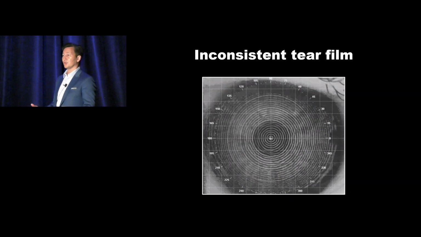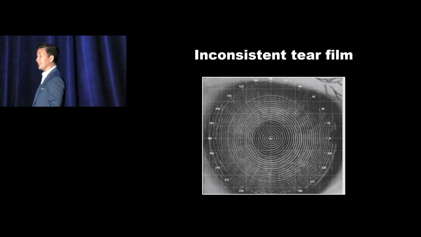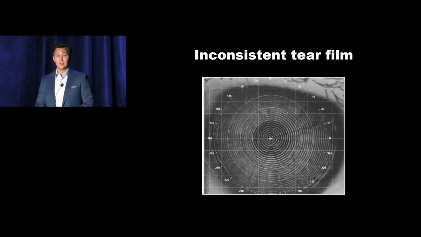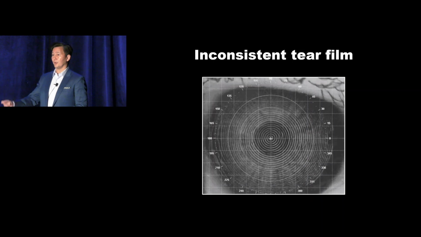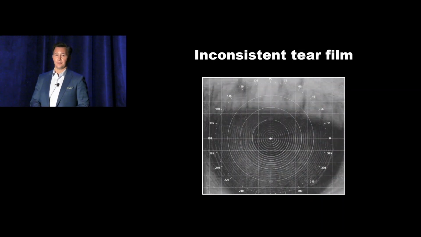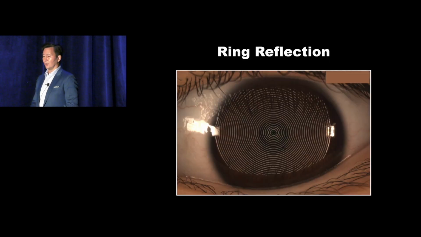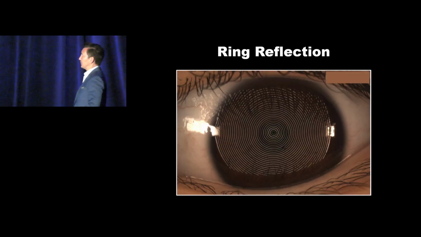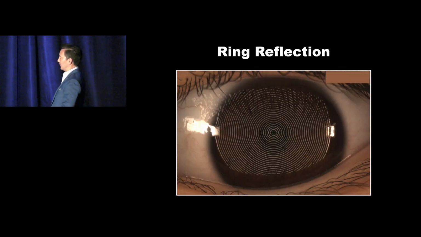And of course, with kids, we're going to see less of it, but anytime we are imaging a patient and their tear film breakup is measured in milliseconds, then that creates potential for there to be error. So here, you might look at this map and say, this is okay. We've got some eyelash shadows here. We've got some shadow from the lower lid here. But the rings, do they look parallel and even to you?